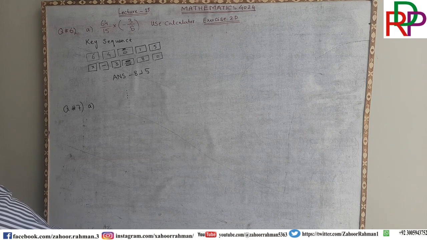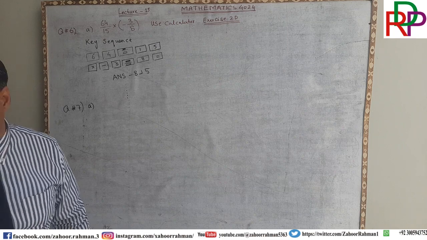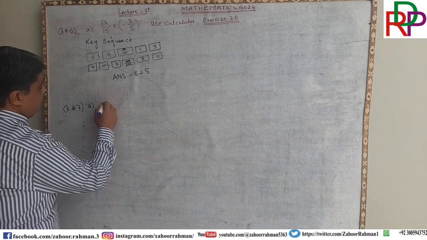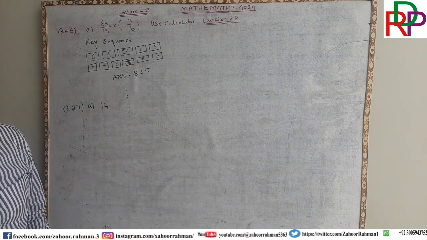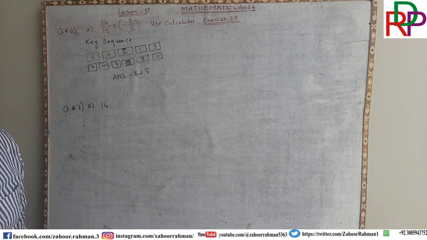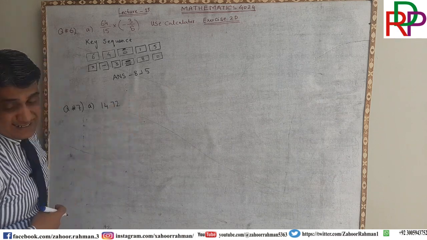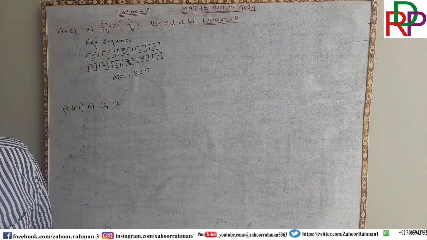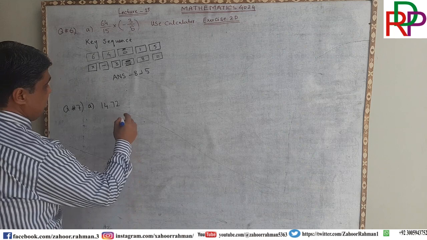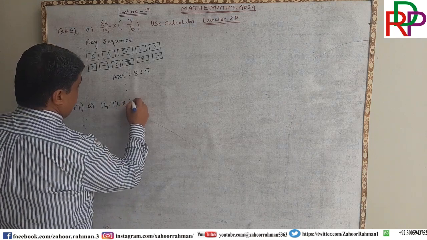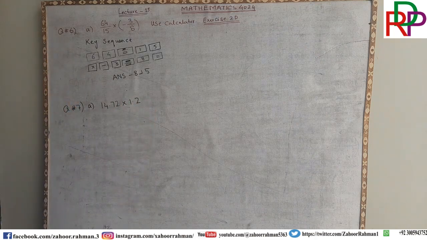I am writing the first question from the book, and that is saying 14.72, and then I am writing multiplied by 1.2. Ladies and gentlemen, that is super easy.